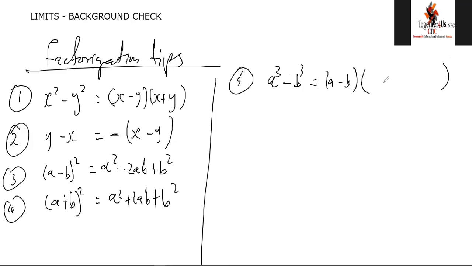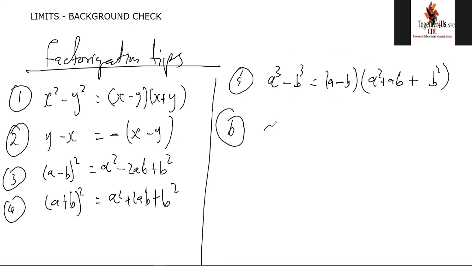Now here, you're going to have an a squared and a b squared. To get the middle term, you ask, what is a times b? It's ab. And what is the opposite of this sign? It's a plus. So you're going to have a plus ab there. And obviously this last one you want to be a plus. So that's how you factorize the difference of two cubes.